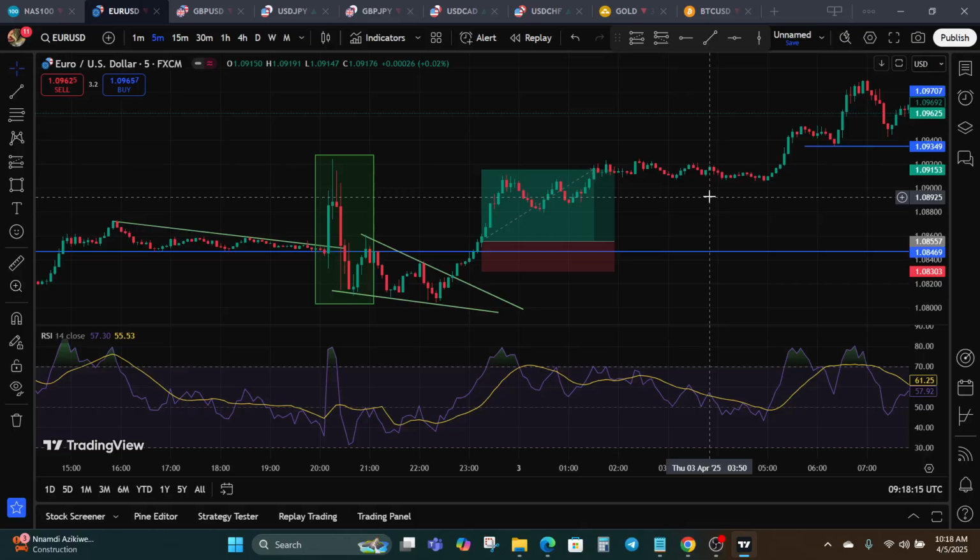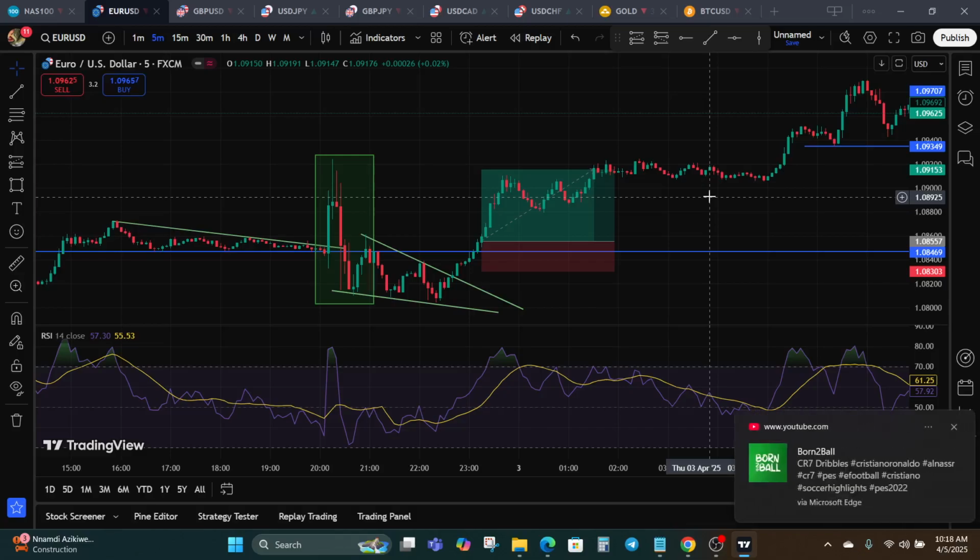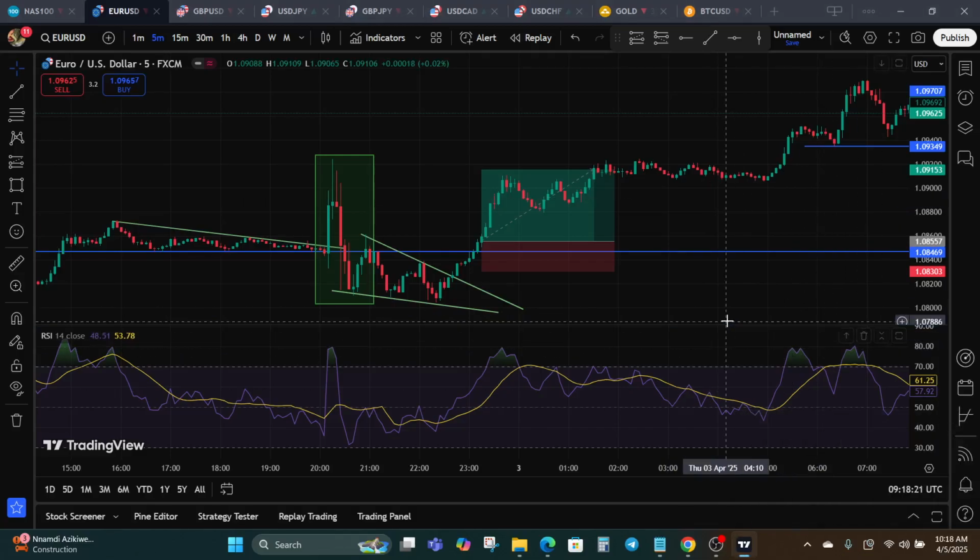You don't want a scenario whereby you are trading and your mind is not at rest because you are not trading with an acceptable risk.